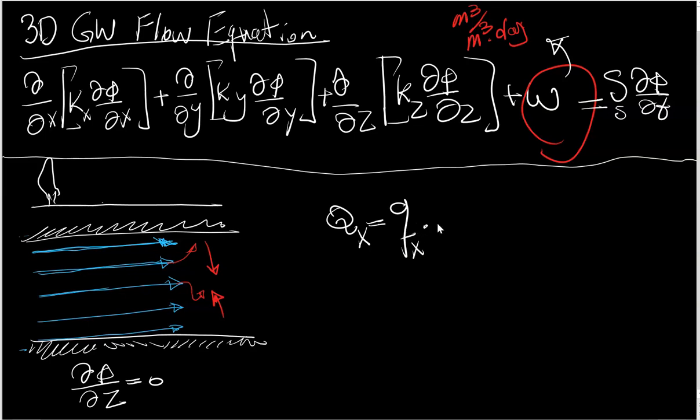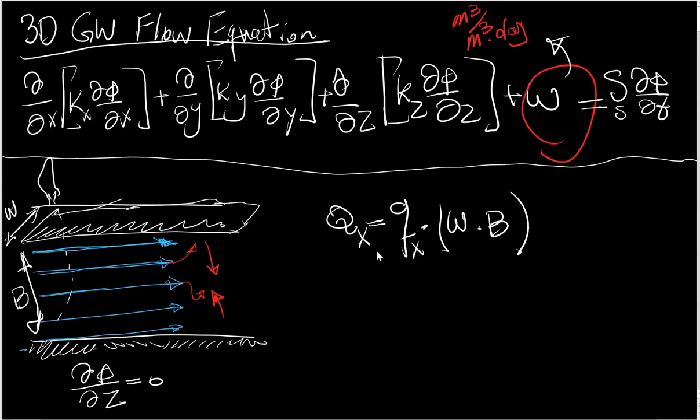If you are interested in finding, for example, this is the width of the aquifer, and this is the thickness of the aquifer. If you want to find the flow rate in the x direction which passes through this cross section, you can find it by this formula, qx times w times b.